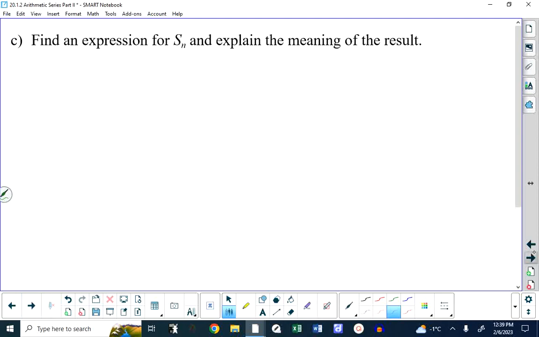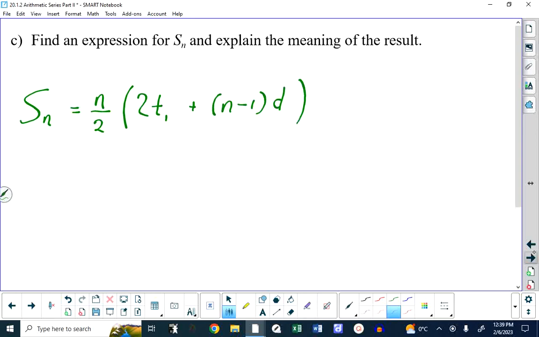Now, C is something we have not done before. What we want to find here, and I'm going to actually explain the meaning of it first, is an equation, a single equation that I could put n in, and it would calculate the total distance to n pylons and back.